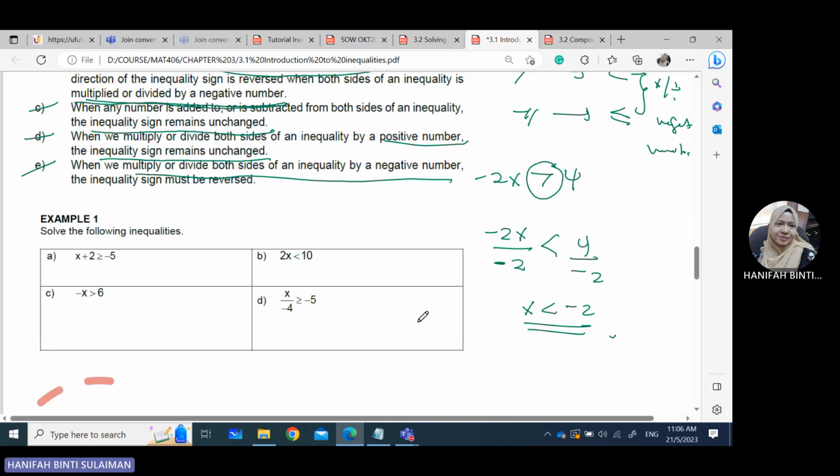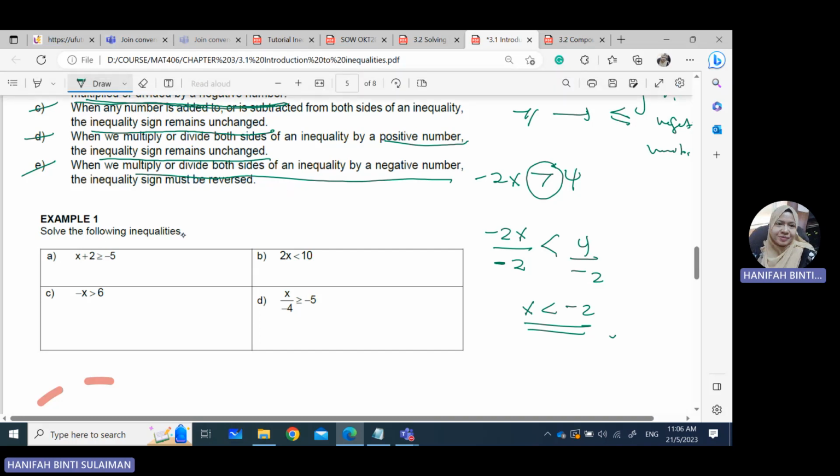Okay, so now look at this example. We have x plus 2 greater than or equal to negative 5. Now we want to solve for this inequality. In order to solve for this inequality, we need to minus 2. Ataupun biasa kita guna kaedah pindah-pindahkan. Sama je. Maknanya kita pindahkan plus 2 to the other side, then we have negative 2.